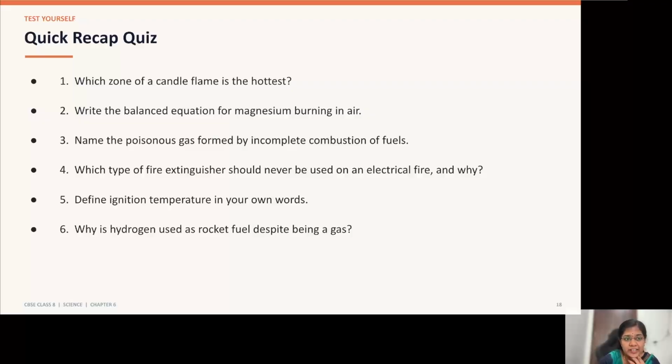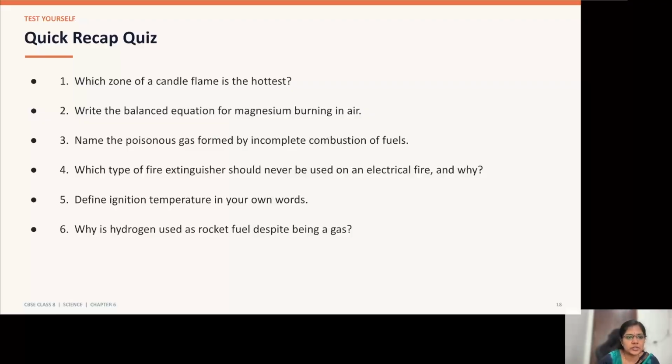Which type of fire extinguisher should never be used on an electric fire, and why? Yes, we should not use water type extinguishers because there is a risk of electric shock. Define ignition temperature in your own words. Yes, ignition temperature is the lowest temperature at which a substance catches fire, begins to burn and sustains combustion.